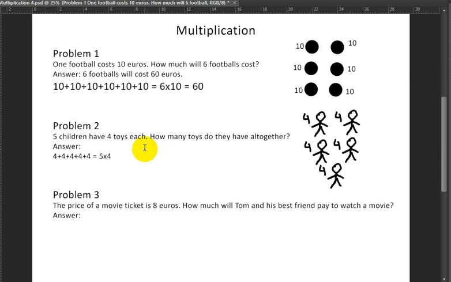Now, if you remember your rules for when we multiply a number with 5, we have a trick for that. We have a trick for multiplying by 5. We just say the 5 song. So 5, 10, 15, 20, 25, 30, 35, 40, 45, 50. But we need to stop at the 4th number because I'm multiplying 5 with 4.